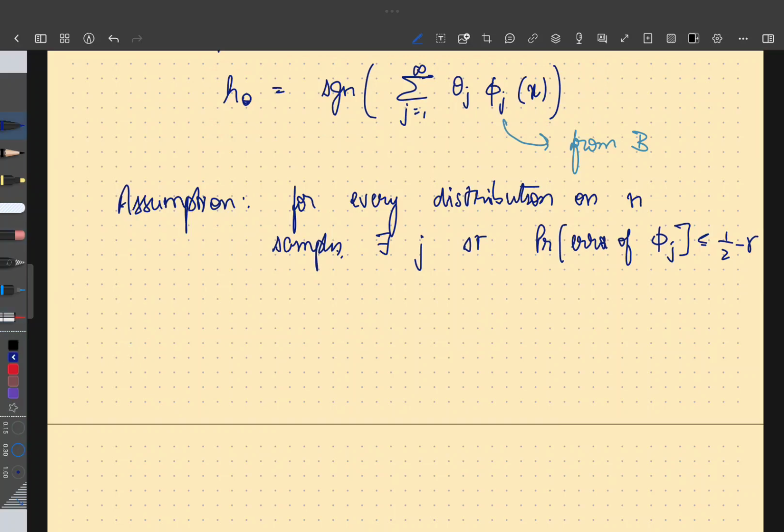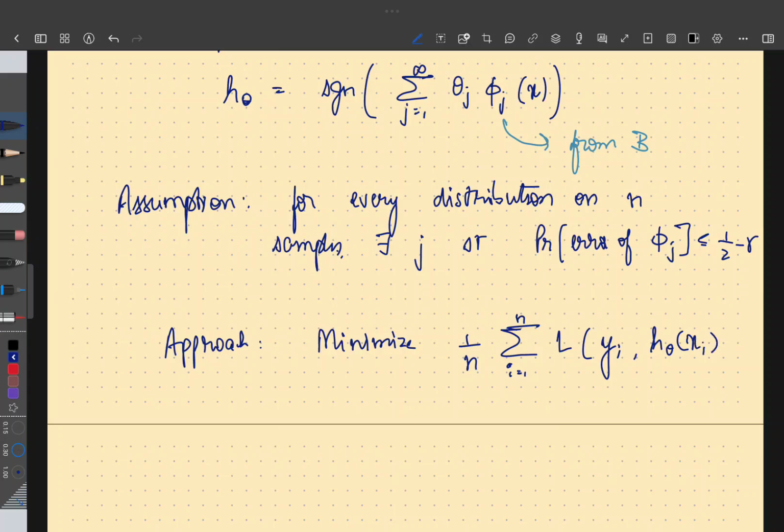The general approach is to minimize 1 by n summation i equal to 1 to n of the loss function between yi and h theta of xi, where the minimization is over theta.